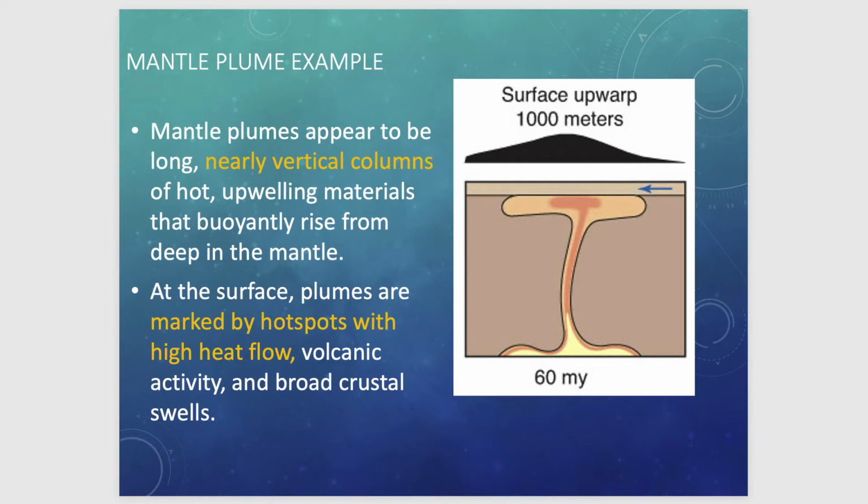At the surface, the plumes are marked by hot spots with high heat flow, volcanic activity, and broad crustal swells. The crustal swell is exemplified here. Sometimes this elevation reaches roughly a kilometer, just to give you a feeling of the scale, and there is a relative movement of the crust, so the hot spot will stay relatively steady and the crust will move progressively.